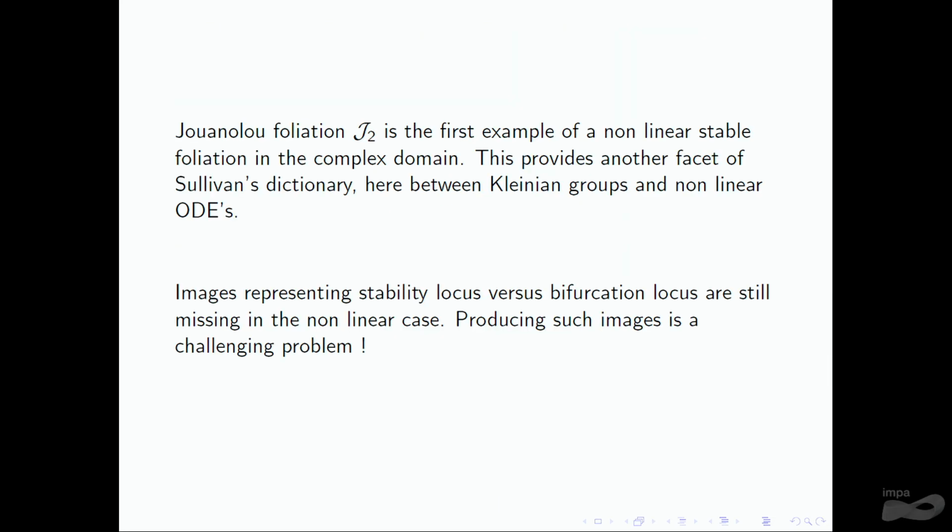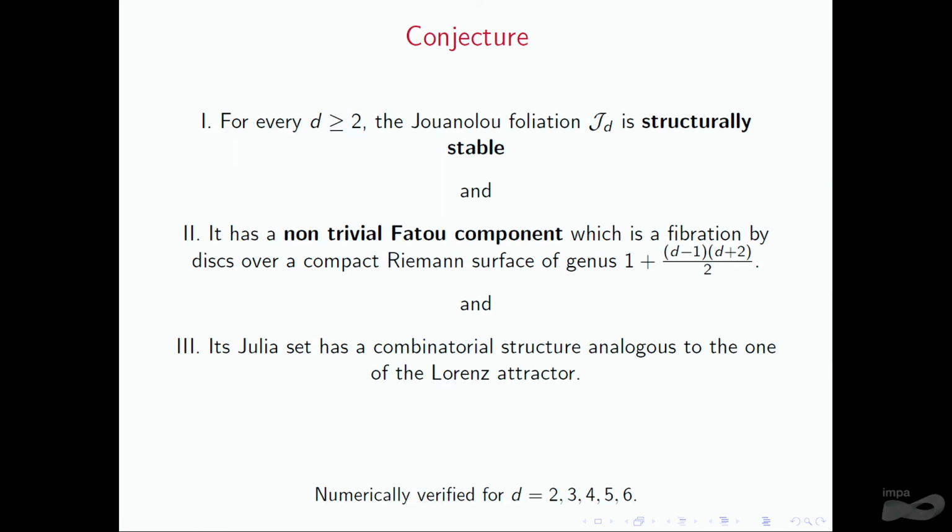But as I said, in the case of nonlinear differential equations like Jouanolou foliations and their parameter spaces, it's very hard to produce a picture, and I think it's a challenging problem. So as I promised, I will finish with a conjecture in any degree.